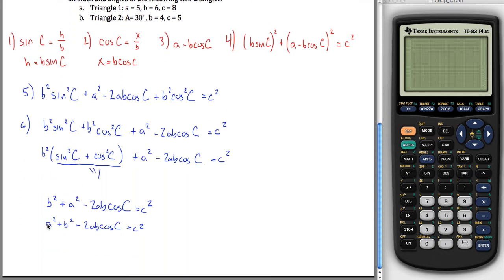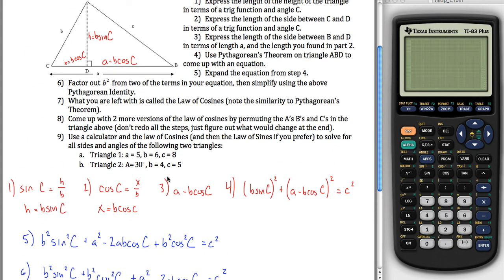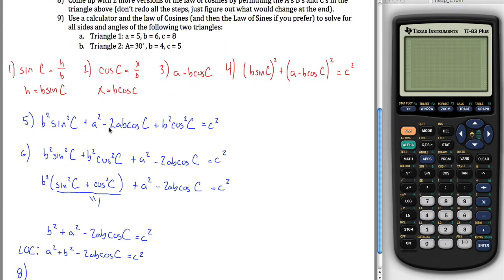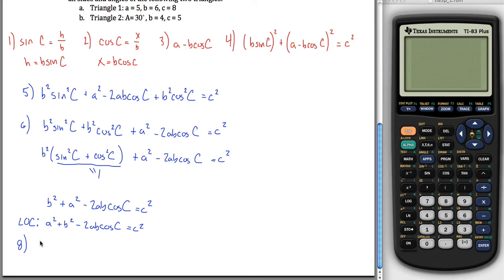Wow, I'm going to be pretty low on room here. What number 8 says is, this is one law of cosines here. But there's 2 more you can come up with if you just, instead of starting with this triangle, A up here, B over here, C over here, maybe I put A here and B here and C here, or switch things around. And what that will give you is 2 more versions of this formula that are very similar.